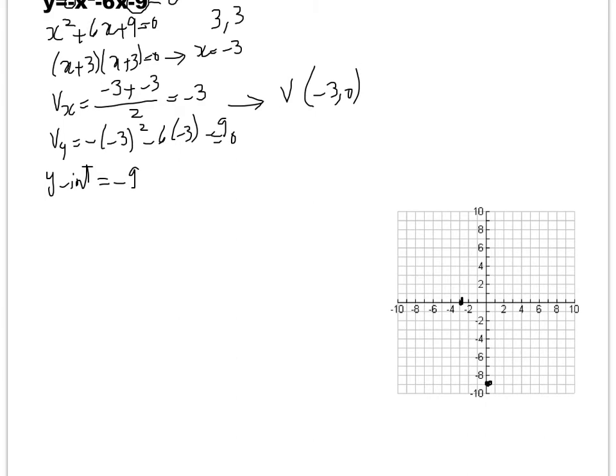We know that the axis of symmetry goes right through the vertex, so the y-intercept is going to have its mirror 3 units to the left, 1, 2, 3, so it's going to be right here. So our graph will look something like this.